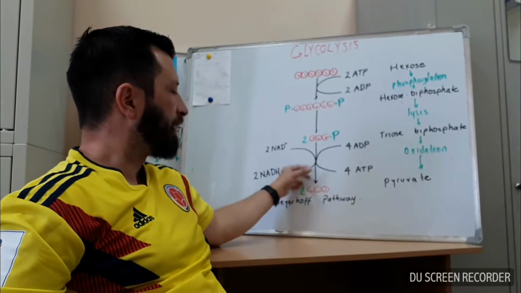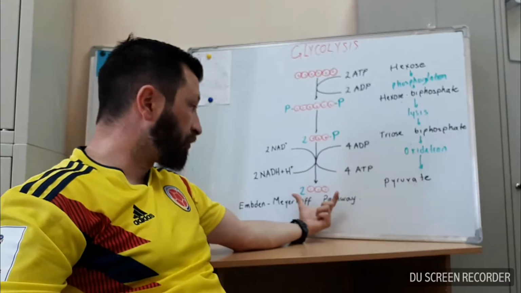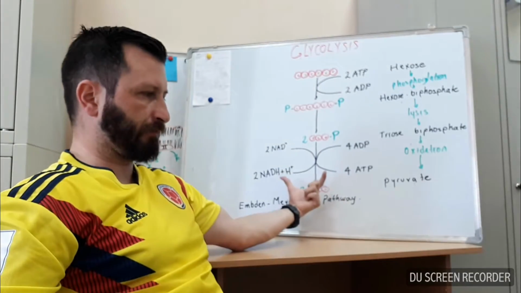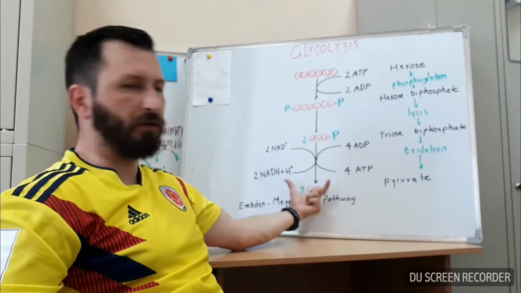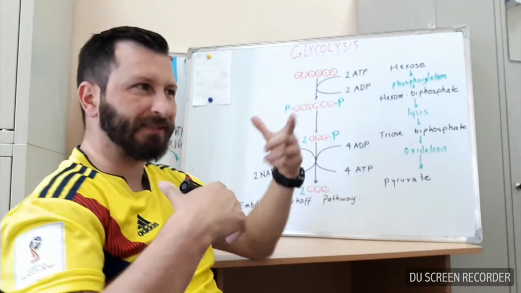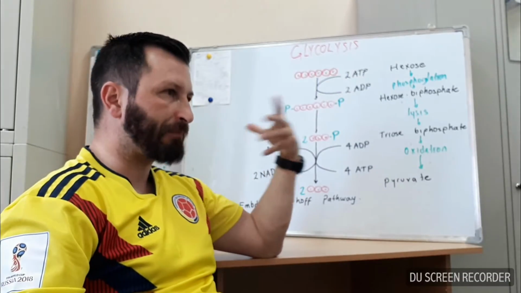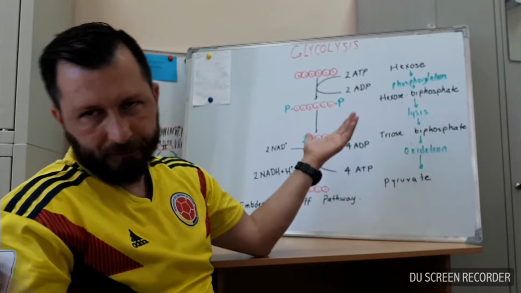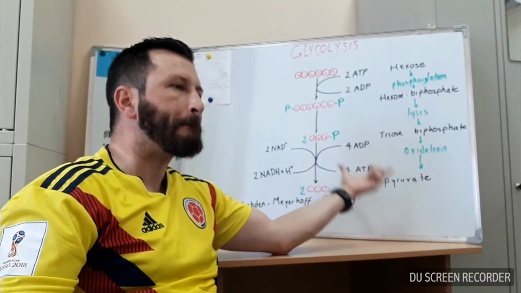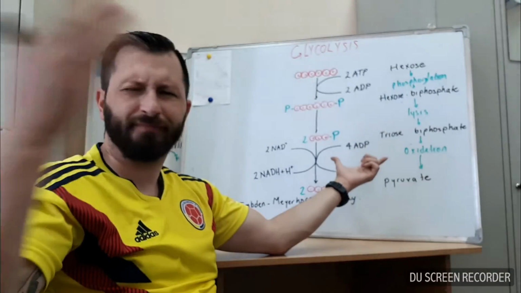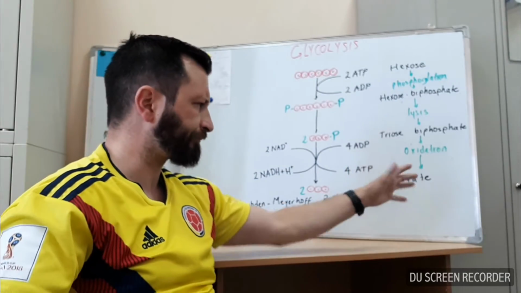So, in the end I will have 2 3-carbon sugars, but I'm not going to call it triose. I could, but since it's a very important molecule, I baptize it, well, not I, the person who described it, as pyruvate. In some books you find it as pyruvic acid, but it's basically the same, so no big deal.